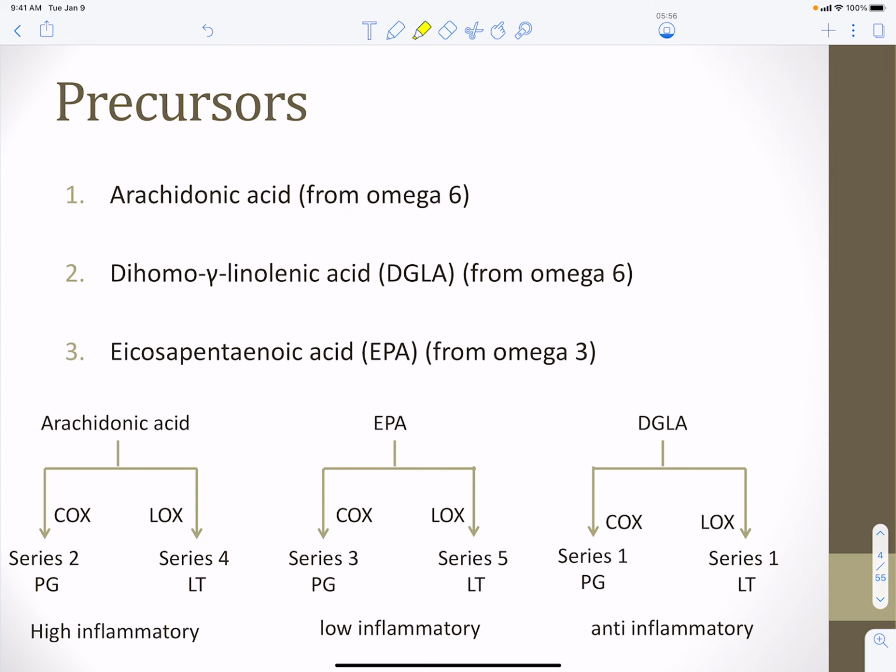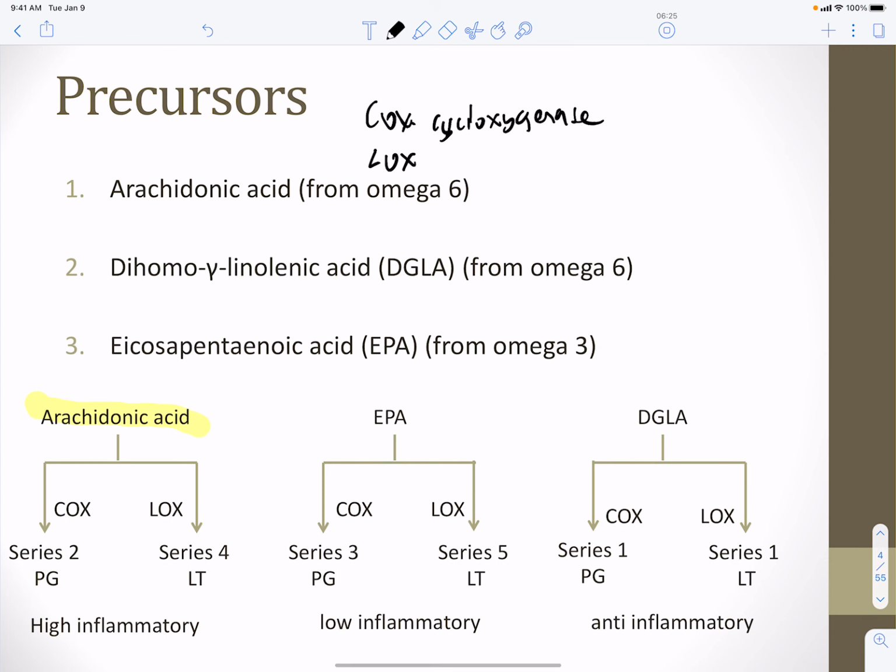Arachidonic acid is going to lead to different icosanoids depending on which enzyme works on it. COX is cyclooxygenase, and LOX is lipoxygenase.